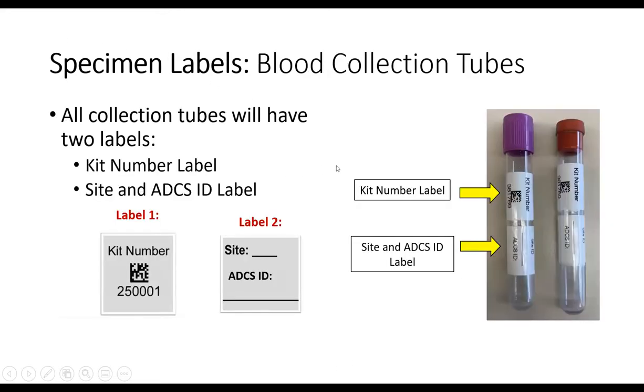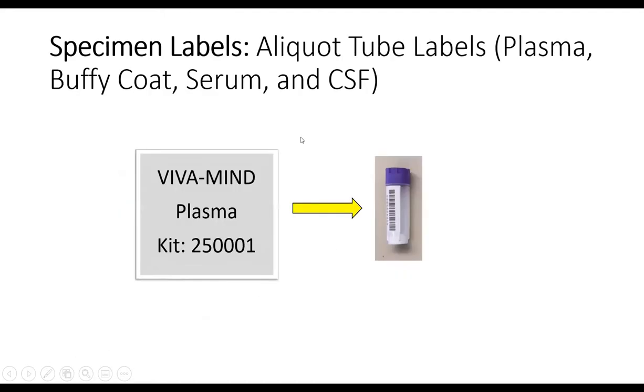Here are what the blood collection tubes look like once they're labeled. So they'll have 2 labels on them, the kit number label and the site and ADCS ID label. Then the aliquot tube label goes onto this little cryo vial.